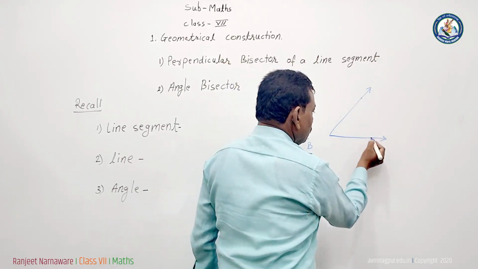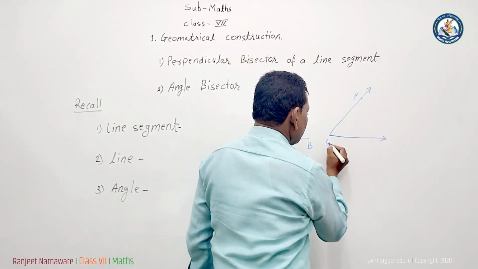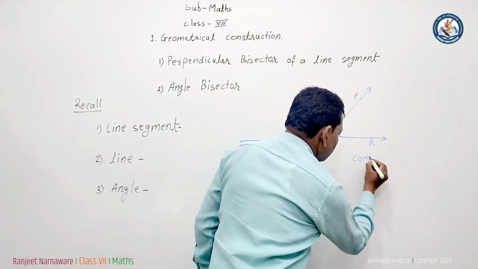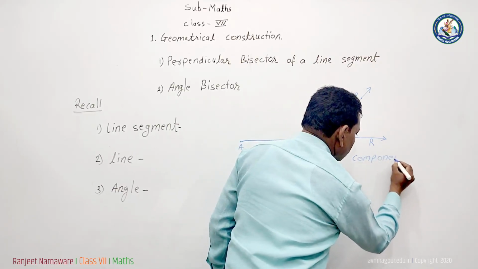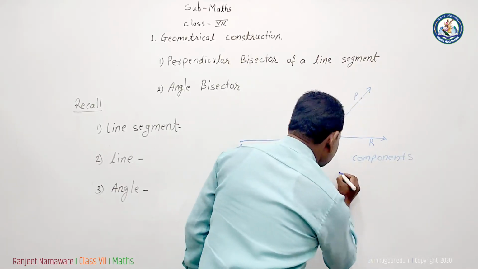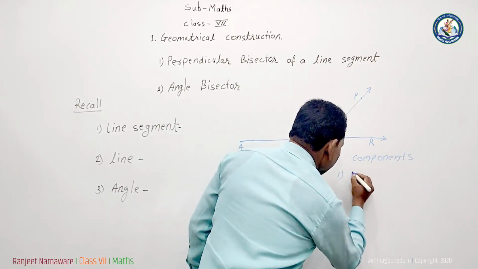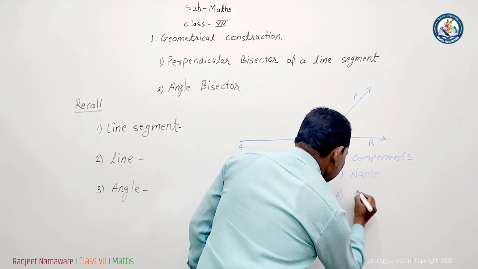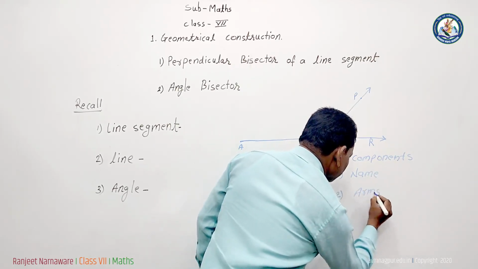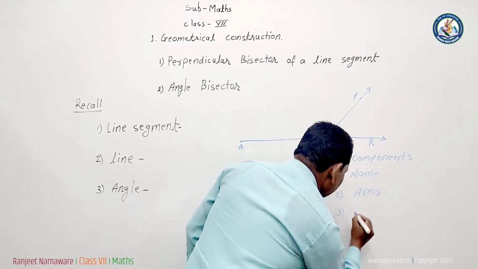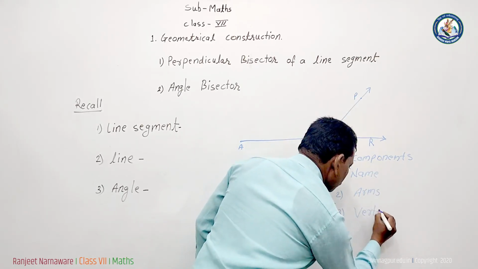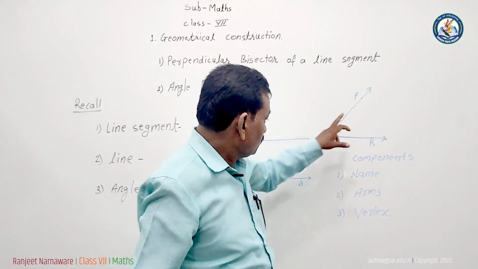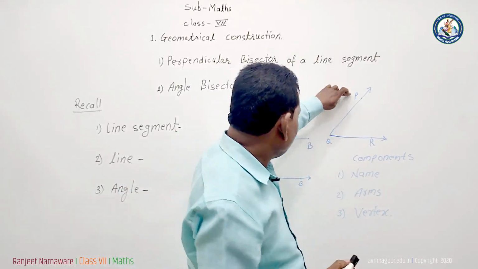I am going to name it P, Q and R. Its components are, first one is its name, second is arms, and third one is vertex. The name of this angle is angle PQR.